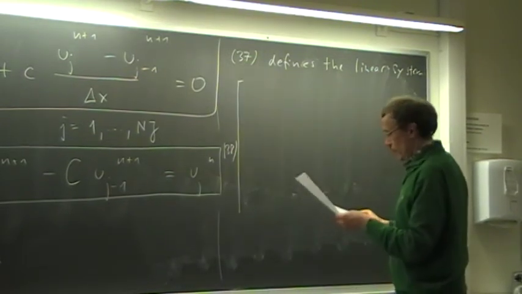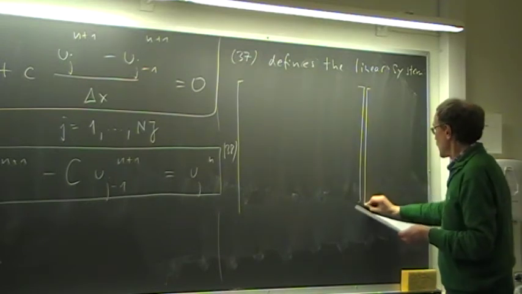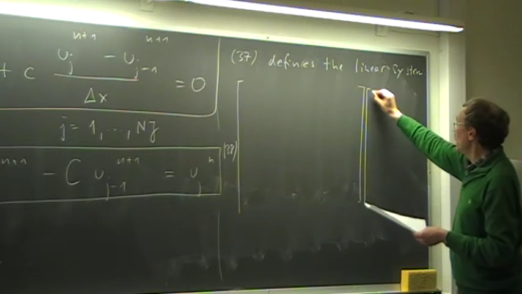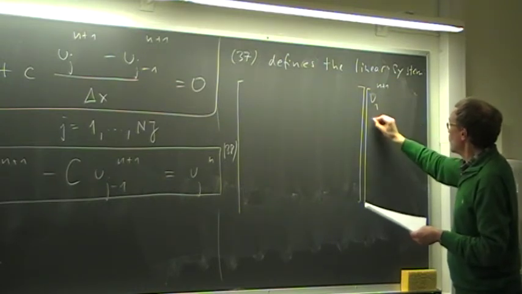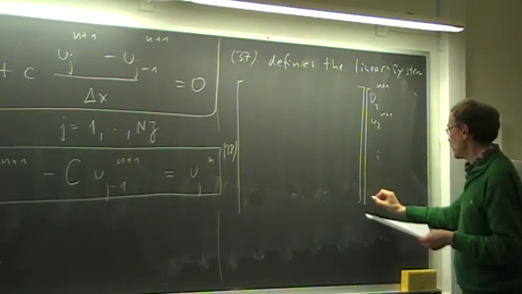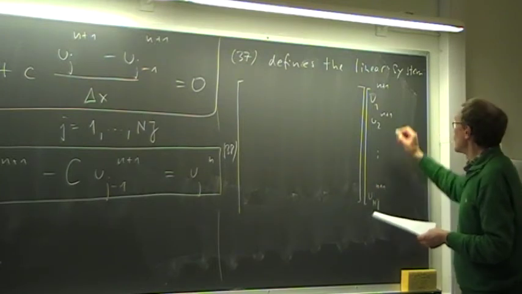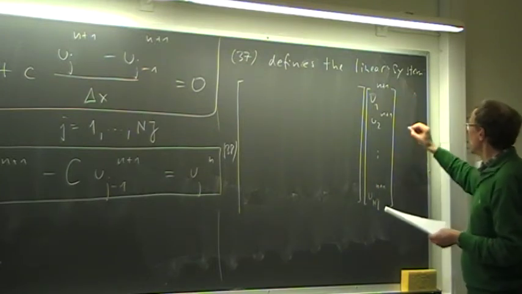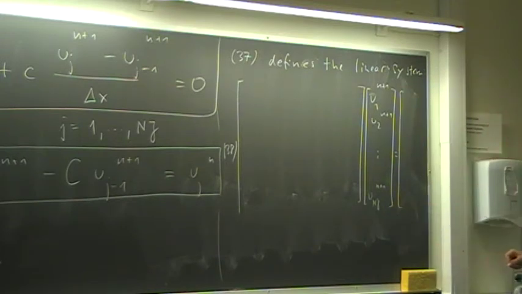So now we have to get our matrix, get our unknowns, and the unknowns are u_1 at n plus 1, u_2 at n plus 1, and so on. And the last one is u_nj at n plus 1. So these are our unknowns. And on the right hand side, we'll see.